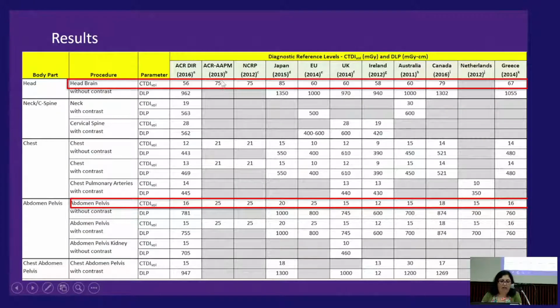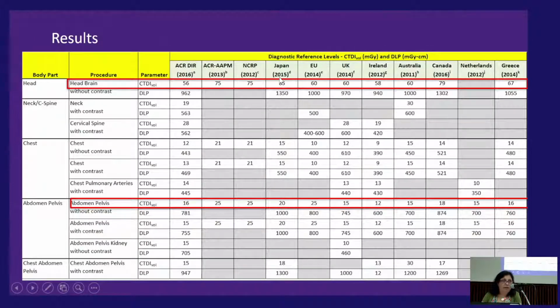AAPM ACR had some data which was published in 2013 that was 75, NCRP 75, Japan 85, EU 60, UK 60, Ireland 58, very close to ACR, Australia 60, Canada 79, and Greece 67. And I hope in the next iteration we'll see Thailand as a column over here, right? But the idea was, let's compare and see whether we are in the ballpark. And as you can see, we are kind of in the ballpark, right? Most people were 60, but there are some high ones, 85.